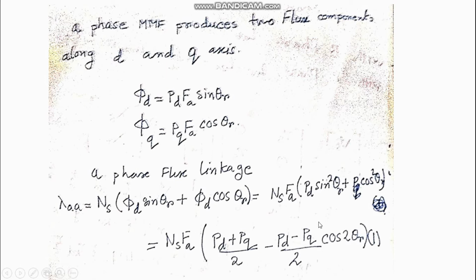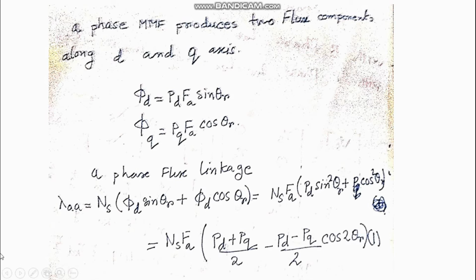Now, one thing you will readily understand is that in our cylindrical rotor machine, as I have already mentioned, PD is equal to PQ. So the two permeances will be the same because there is no unevenness in the air gap of a cylindrical rotor machine. Therefore this term will become 0 and you will have a constant term, and that is exactly the case.